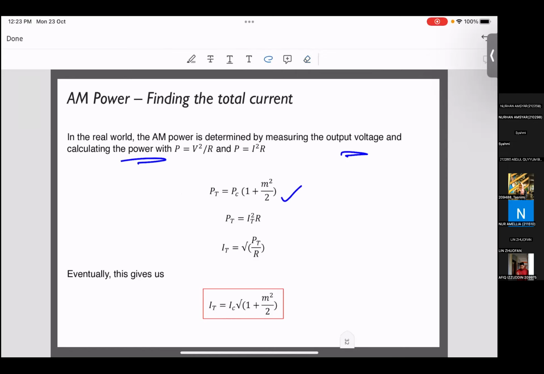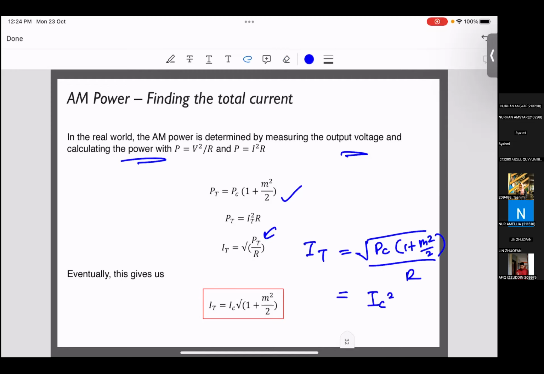Right now, I'm blank. So this was from our initial, sorry, it's just PT. We are substituting PT equals PC times 1 plus m squared over 2, divided by R. So PC over R will give me IC squared.